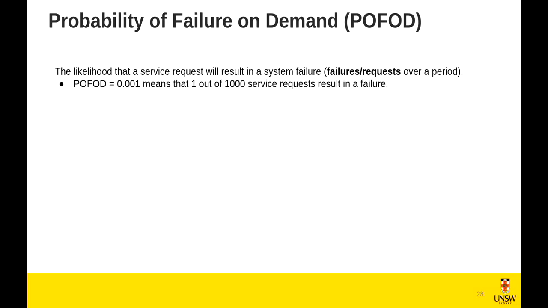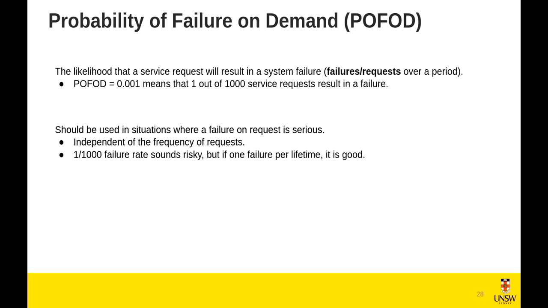This calculates the likelihood that a service request will end up in a system failure. The calculation is very simple. It's just failures divided by requests. So for example, if the POFOD equals 0.001, it means that 1 out of 1,000 requests would end up in a failure for this system.